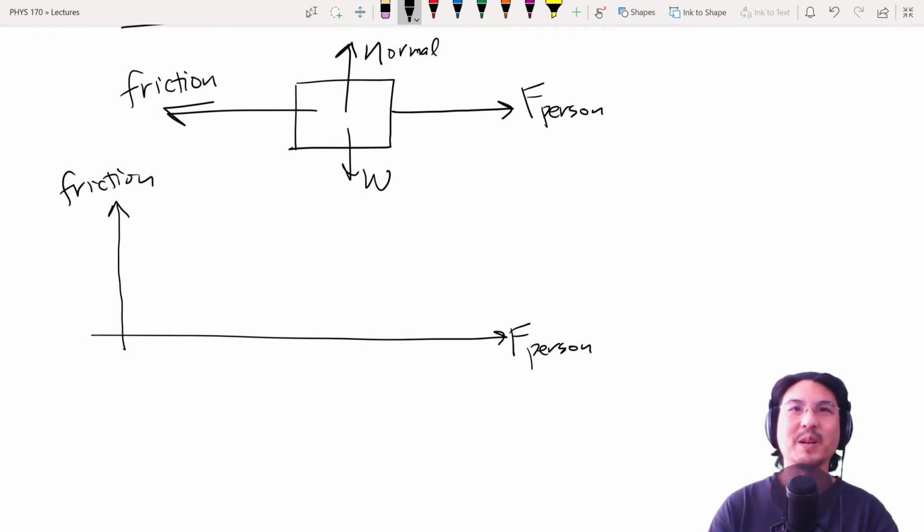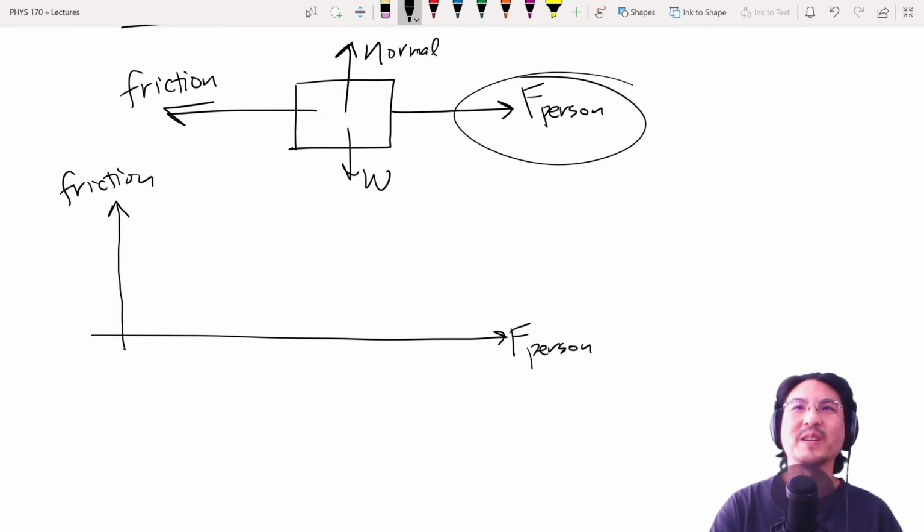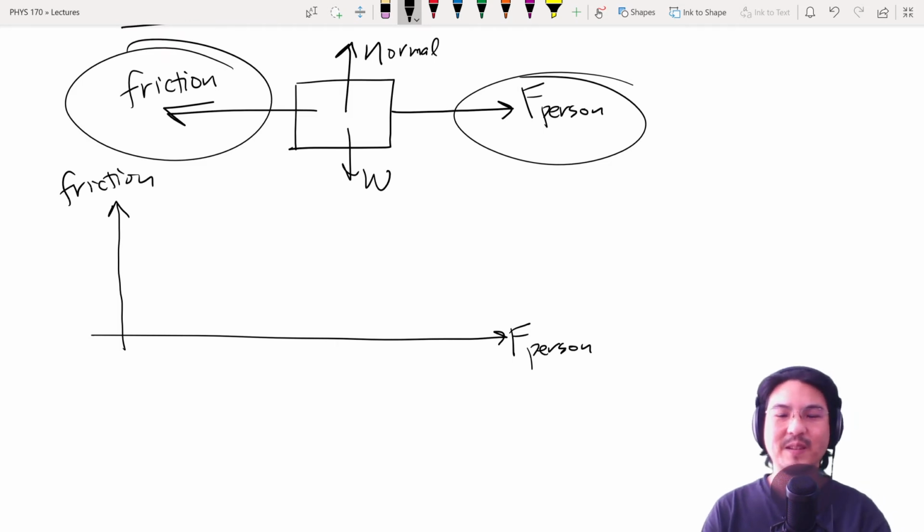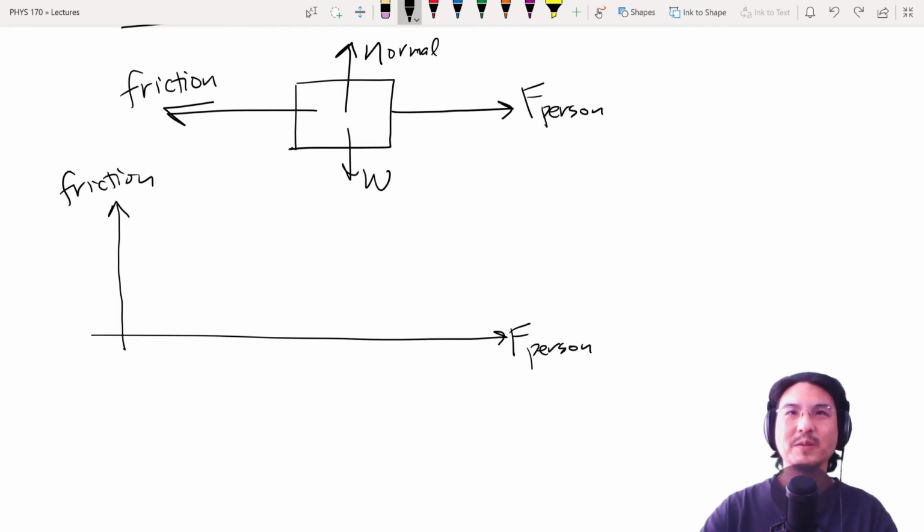Then that means there's got to be 1 Newton of force to the left, since the acceleration is 0. So this force has got to be the same magnitude as this force. Then you apply 2 Newtons of force, so there must be 2 Newtons of friction. 3 Newtons of force, 3 Newtons of friction. So the more force you apply, the more force by friction fighting against you.